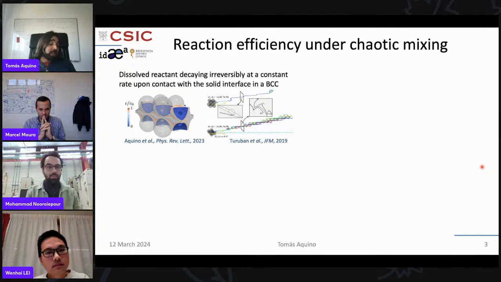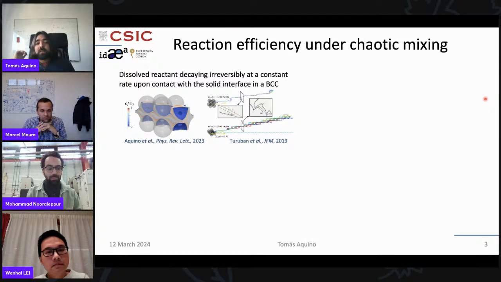As the underlying medium, we picked a body-centered cubic bead pack, which is a kind of crystalline structure that you see represented here. The reason we chose this crystalline structure is that by just fixing the orientation of the flow with respect to the packing symmetries, we can control how much chaotic advection we get in the flow.